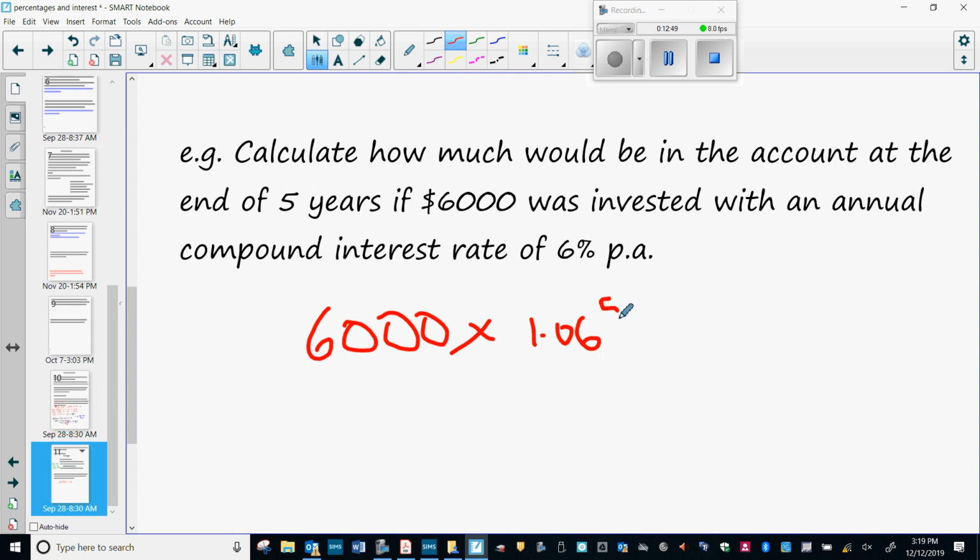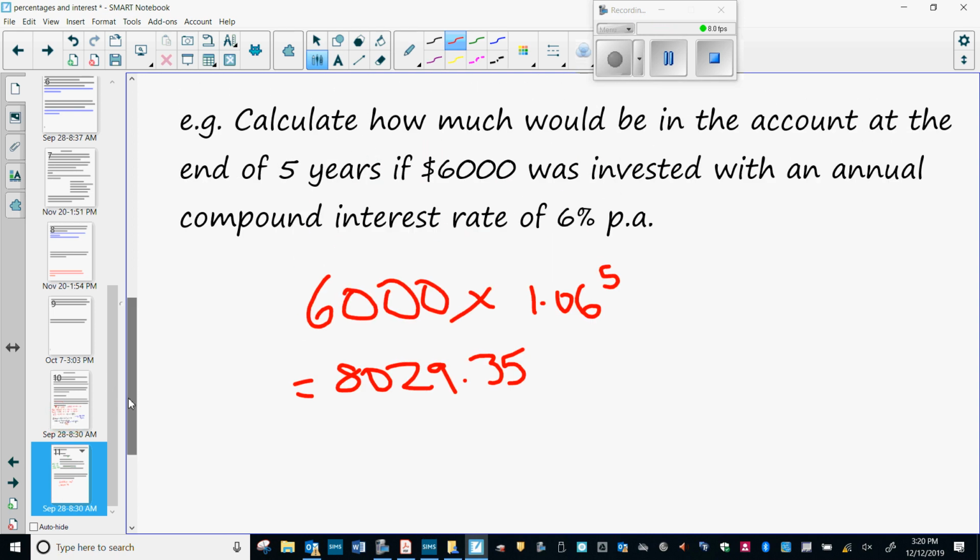So that's our power here, yes? So 6,000 multiplied by 1.06 to the power of 5. Has anyone got an answer for me? Yeah, that's correct. 8,029.35. I hope someone else has got that same value. Yeah. Awesome. Great job.